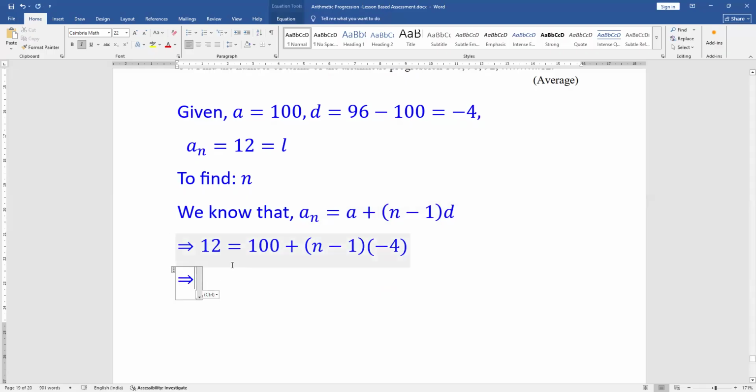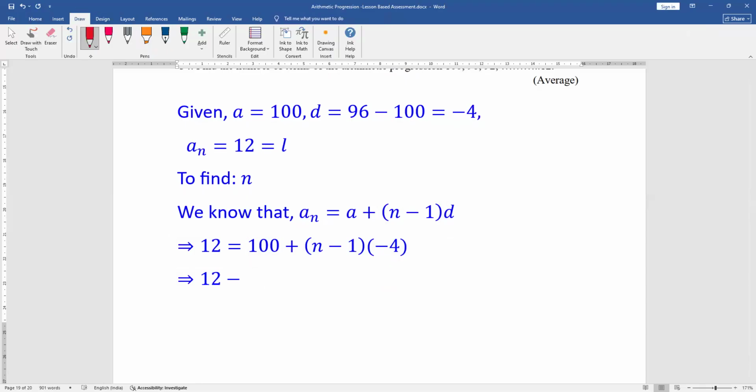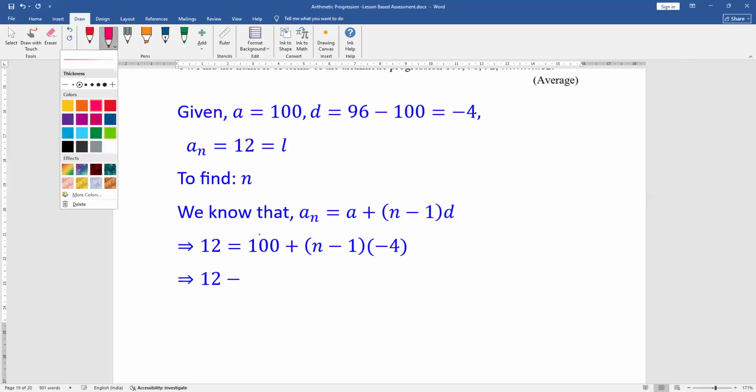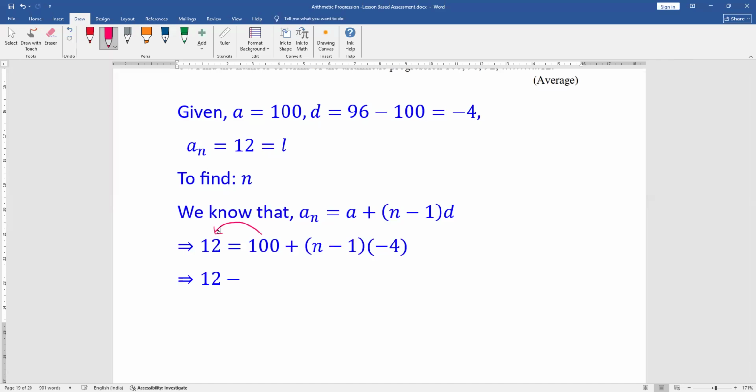My next step: I write 12 minus, see here this 100, I need to transpose it to the left hand side. When you transpose, it becomes minus.